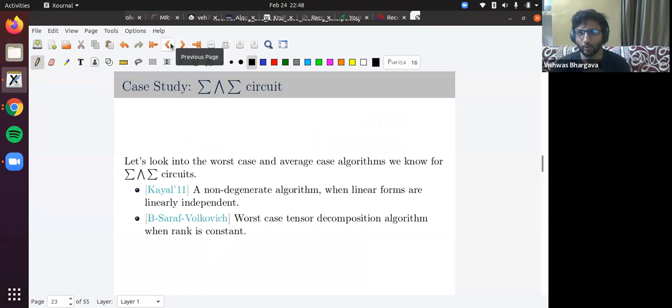So let's try to understand this with a case study for the simplest model that we understand, that's sums of powers of linear forms.